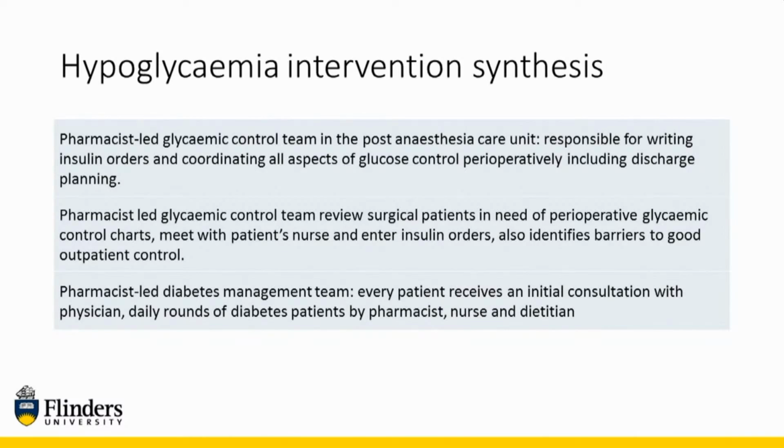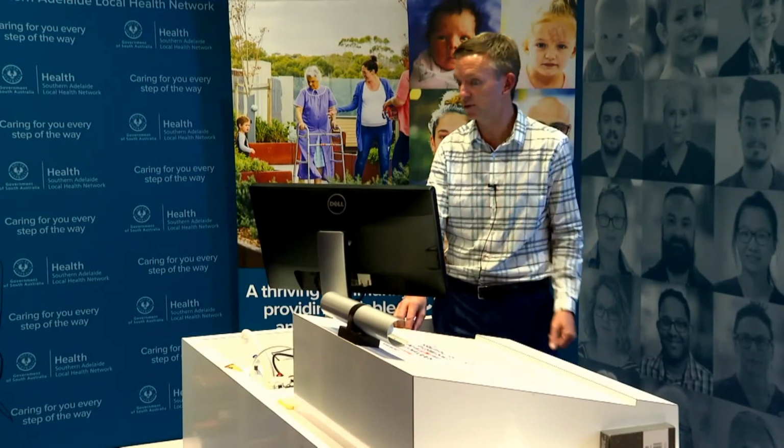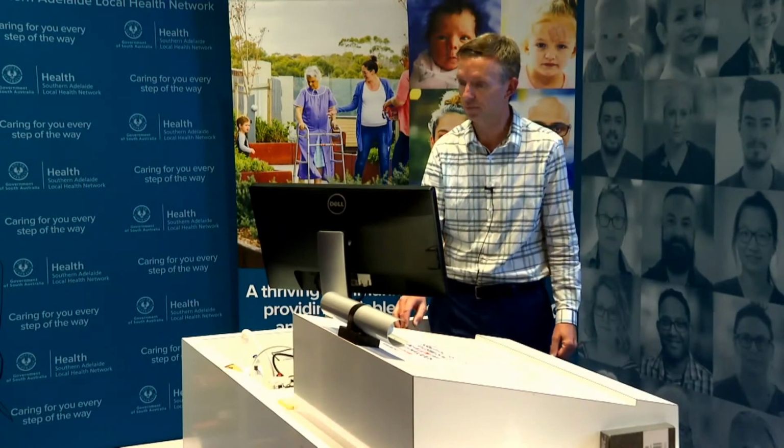So it's a diabetes management team involving pharmacists, nurses, and dietitians doing daily rounds of diabetes patients within hospitals. So clearly you would think there's a cost difference in those different interventions, but then it's trying to estimate the difference in effects, and we can then put that into the model to estimate the costs and effects of these two options as a starting point.